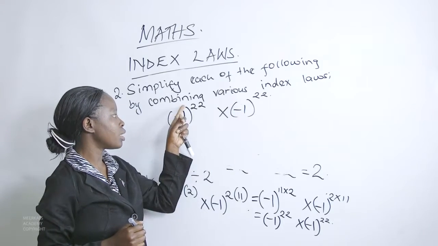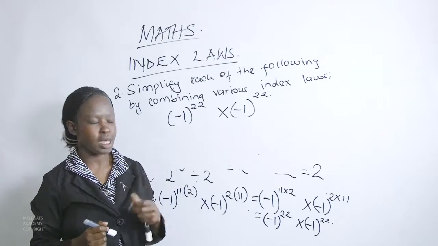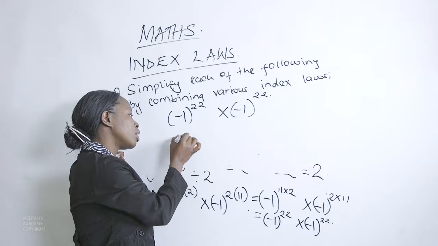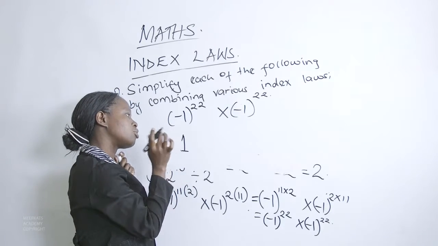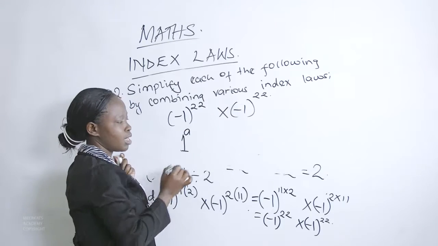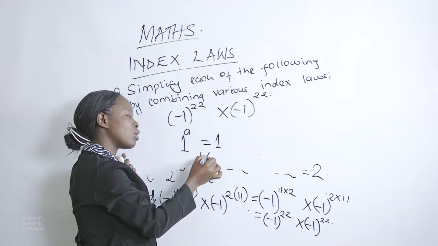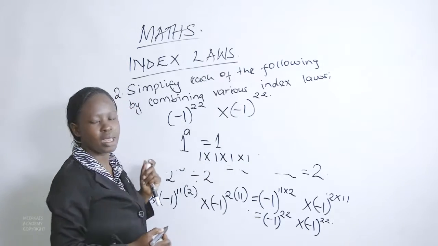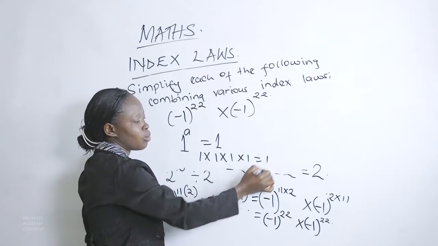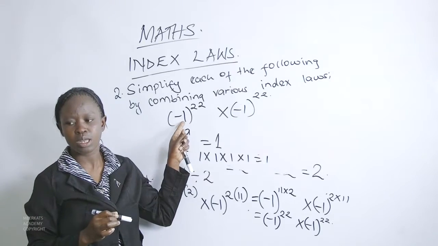We already know that 1 raised to any number simply gives back 1, because however many times you multiply 1, you still get 1. But in this case, what we have is negative 1 and not 1.